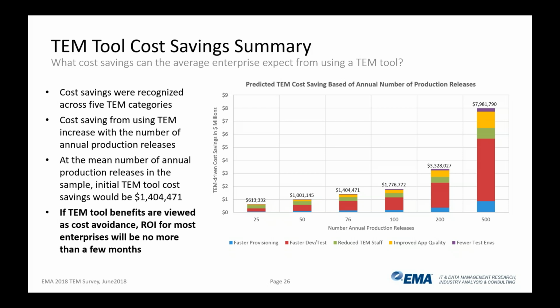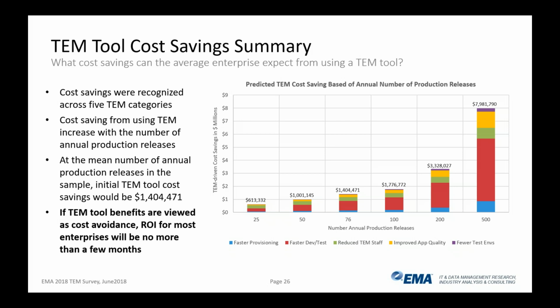So, this is pretty clearly the most compelling chart in the deck, because it shows that no matter what your volume of annual production releases is, the payback on your TEM investment will occur pretty fast, almost immediately. And at the same time, if these cost savings are viewed as cost avoidance, the ROI is also likely to be just 1 or 2 months.